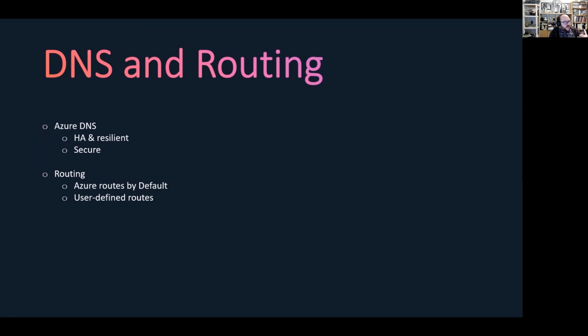And so there are times where you want to break away from the default routing that Azure offers, and to do this, you're using your route tables to create user-defined routes within your virtual networks. It just gives you greater control over where things should be.